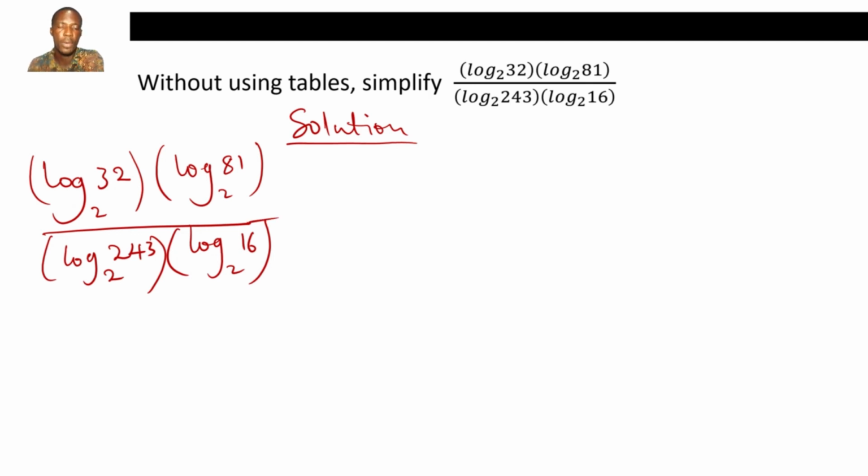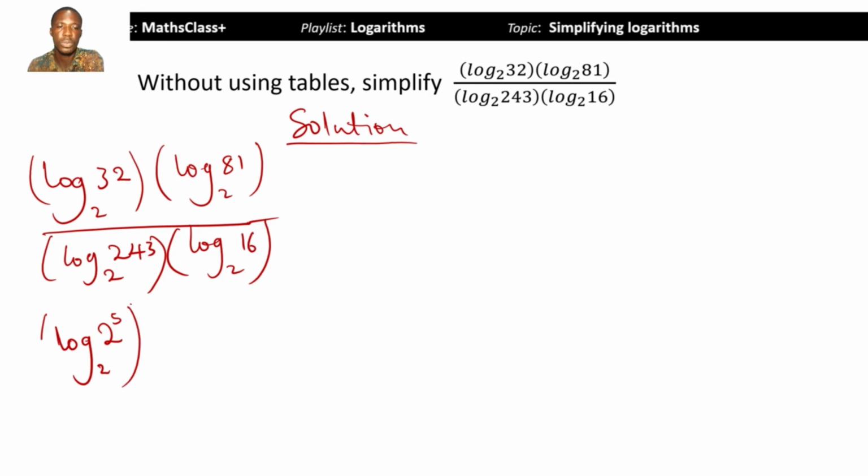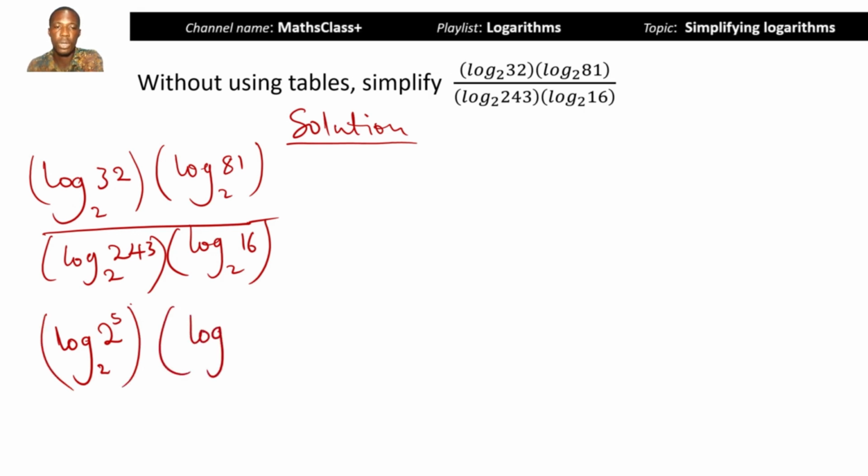Okay, so here we will try to reduce the values given. So the first one can be written as log 2 to the power 5 base 2. This multiplies log 3 to the power 4 base 2.